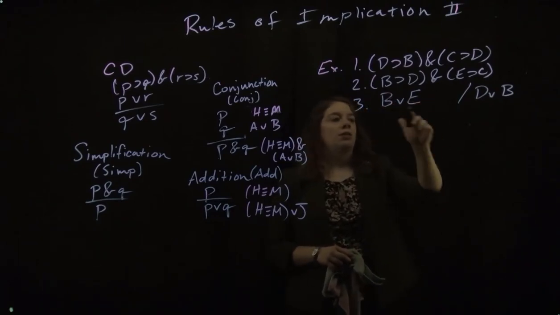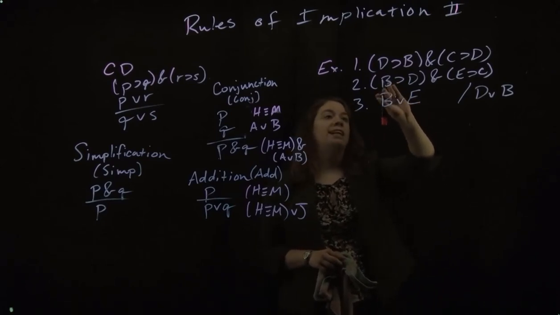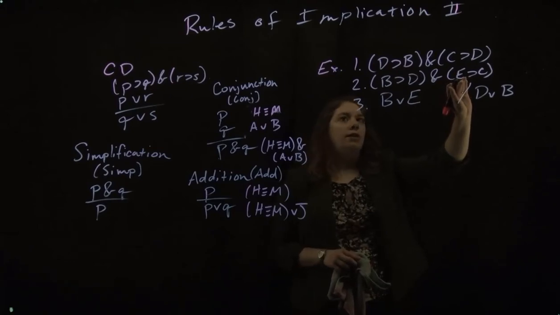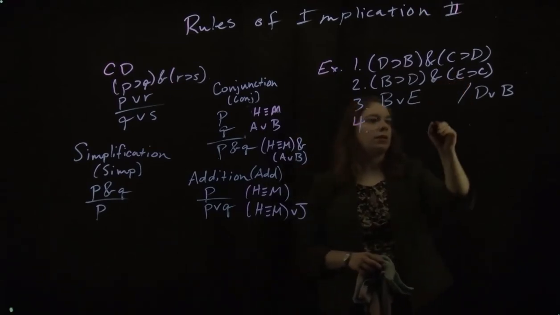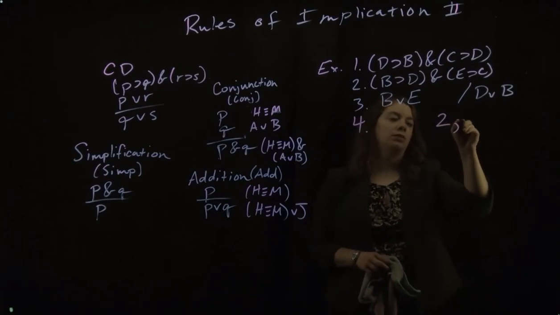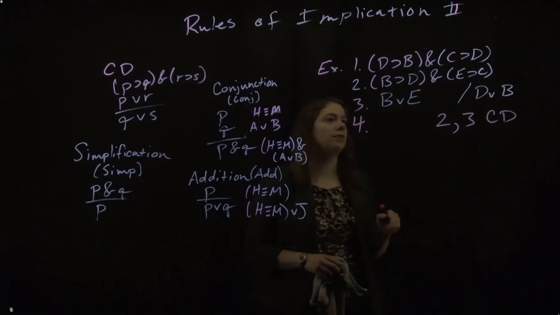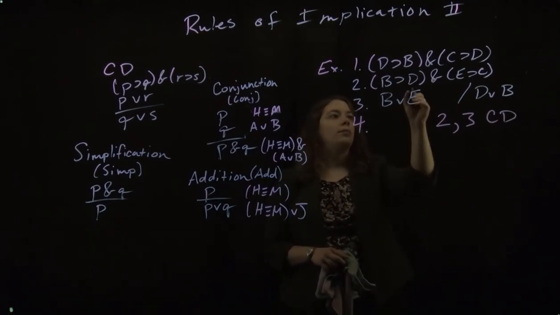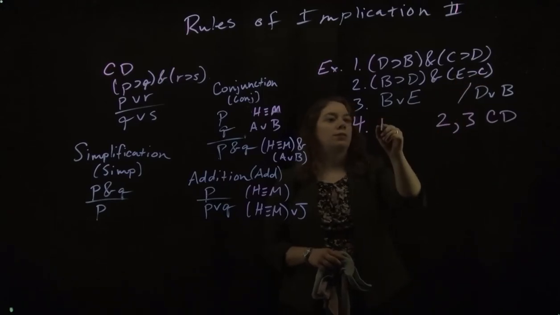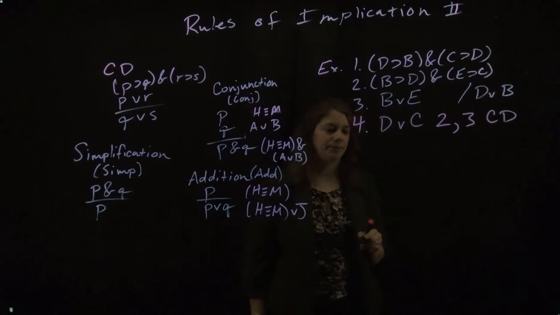On lines 2 and 3, the disjuncts on line 3 match up with the antecedents on line 2. So indeed we can use this rule of constructive dilemma. We use lines 2 and 3 using CD, and we can therefore derive the consequent of each of these. So we can get D or C.